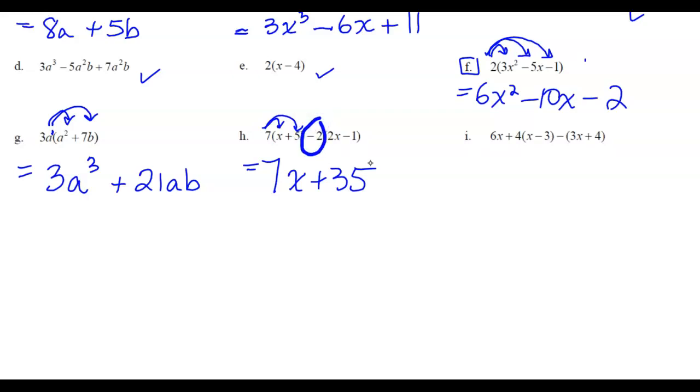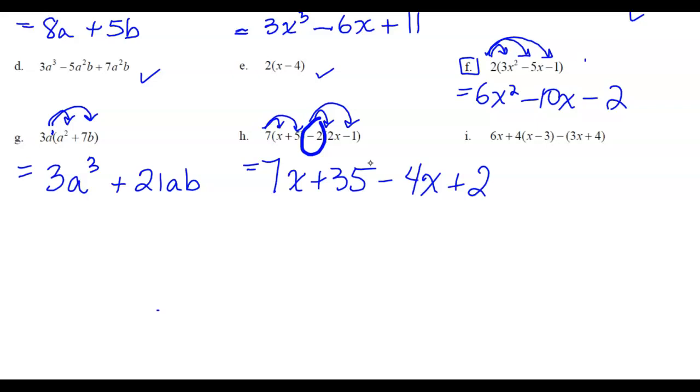So we take the number in front, the sign in front, and expand it, and that will be our operation sign. Negative 2 times 2x is negative 4x, so subtract 4x. And negative 2 times negative 1 is positive 2, so it's plus 2. Okay, now you collect like terms. Do not keep the brackets in there.